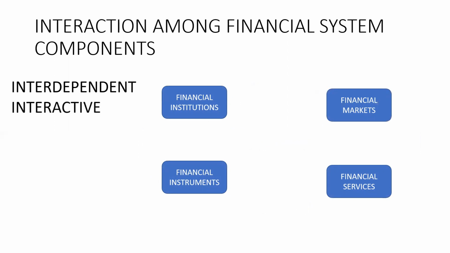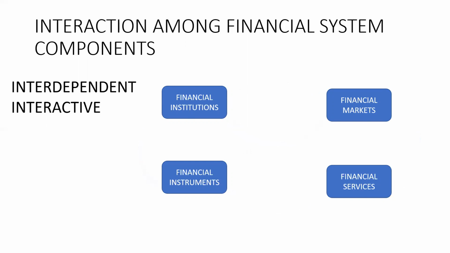They are also interactive. Financial institutions mobilize savings by issuing financial instruments, which are traded in financial markets. Special financial services are rendered to facilitate the credit allocation process.